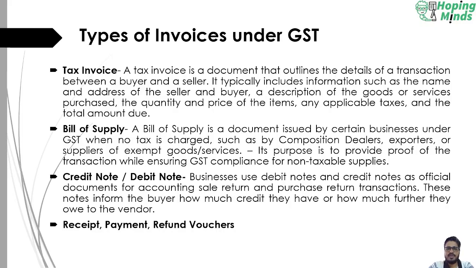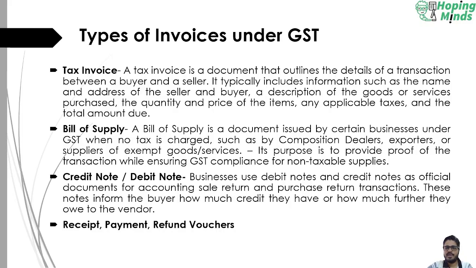So tax invoice. A tax invoice is a document that outlines the details of a transaction between a buyer and a seller. It typically includes information such as name and address of the seller and buyer, a description of goods or services, the quantity and price of the item, the applicable taxes, and the total amount due.